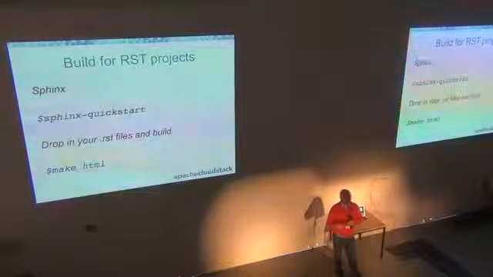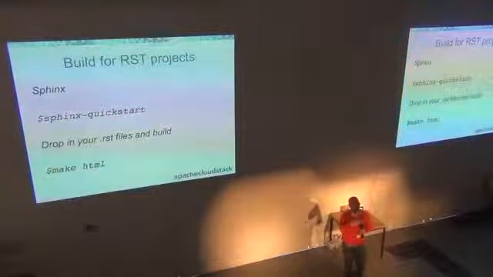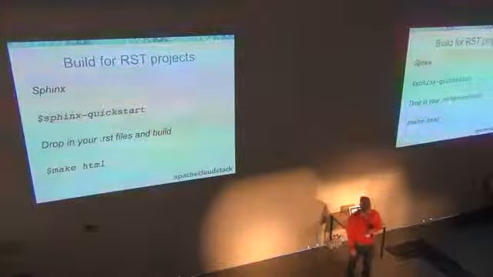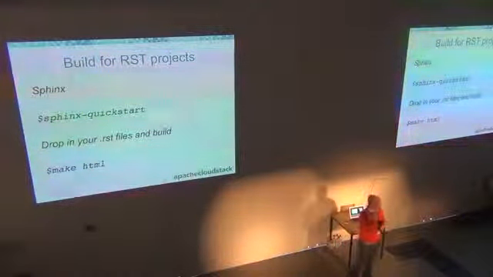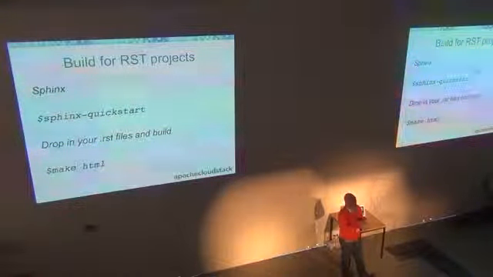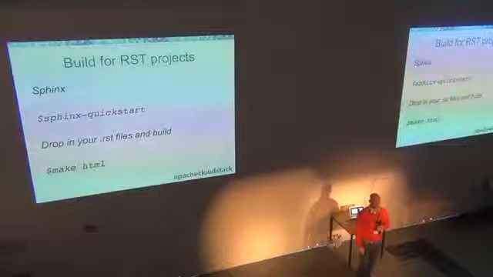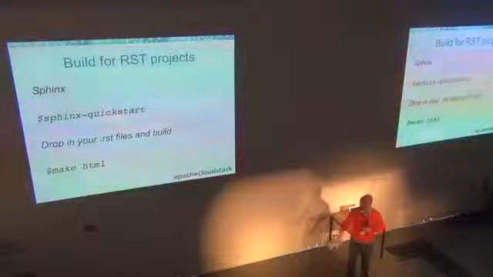But it works. Install Sphinx. Sphinx quickstart creates that structure of makefiles and whatnot for your project. And then all those Restructured Text files that you created with that conversion, drop them in that structure, and then you have your Sphinx build. Make HTML, bang, you're done.